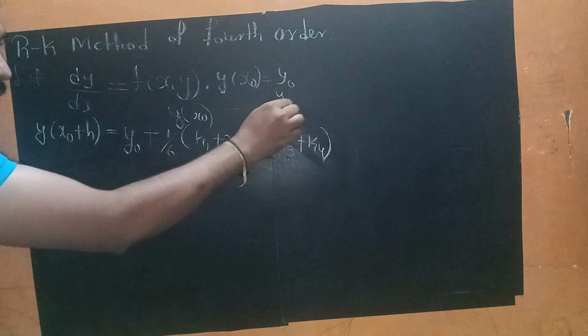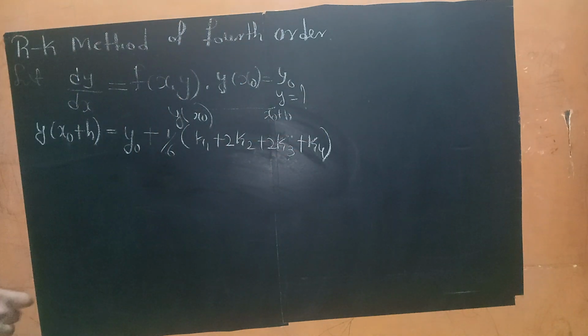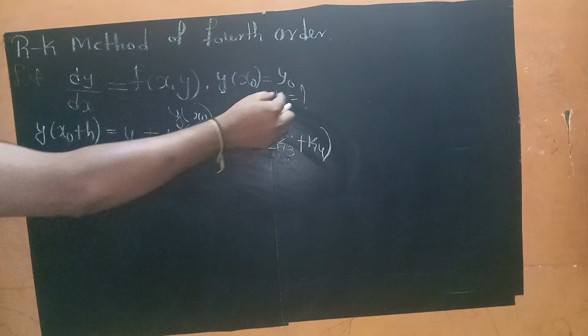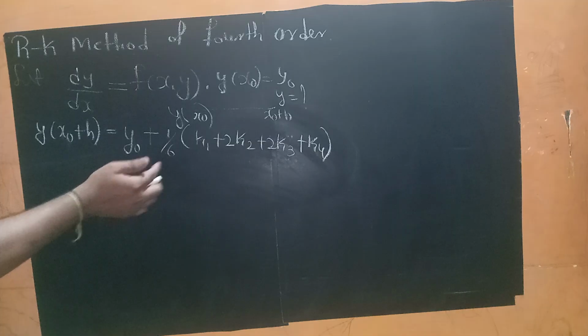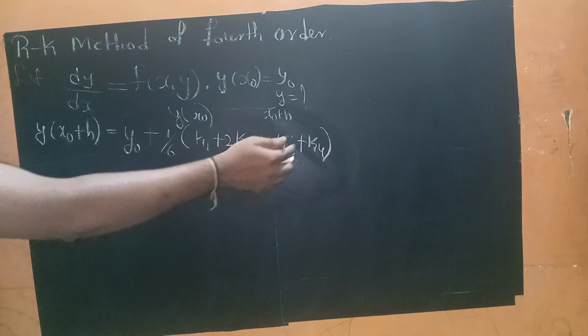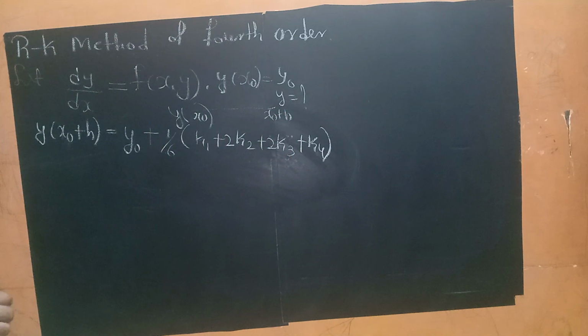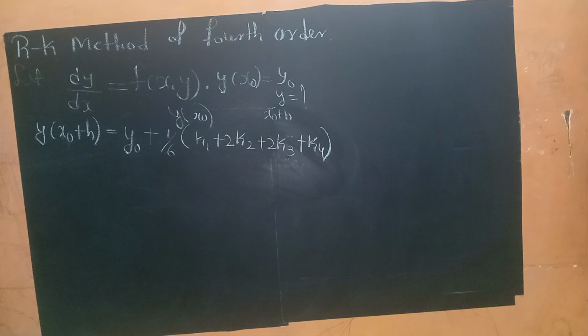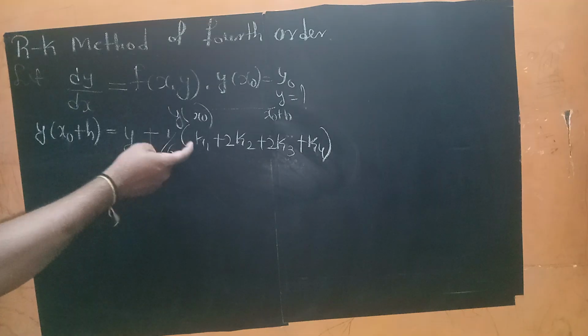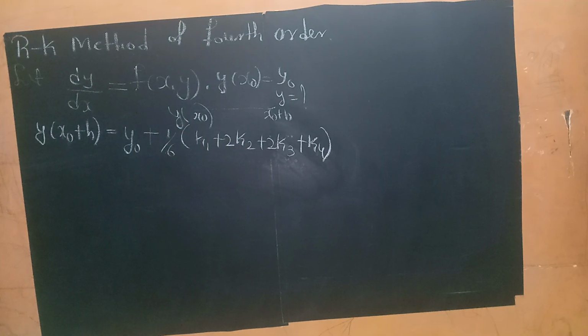Now we are finding the function value y at the point x naught plus h using the RK method of fourth order, which states y naught plus 1 by 6 into k1 plus 2k2 plus 2k3 plus k4. Here k1, k2, k3, k4 are constants to be determined. We are supposed to find all these constants using simple formulae. So what are those formulae?